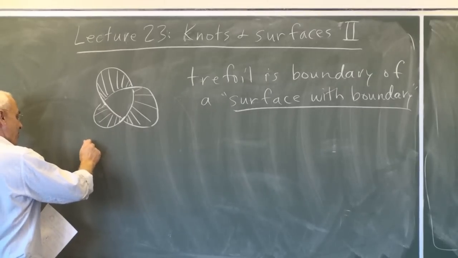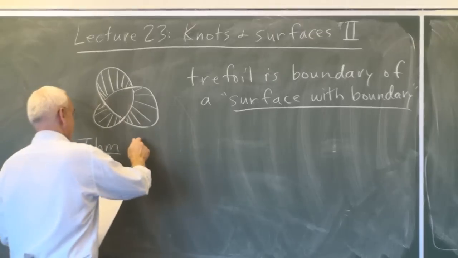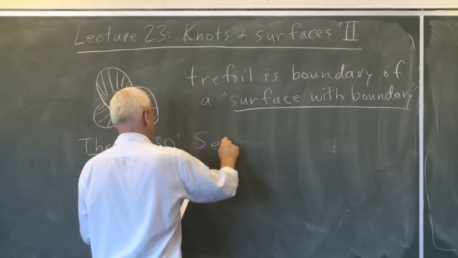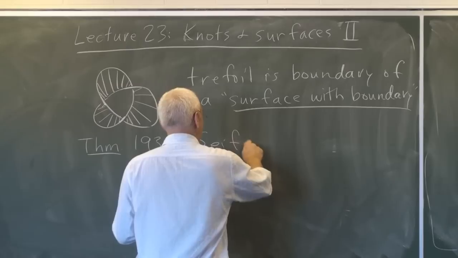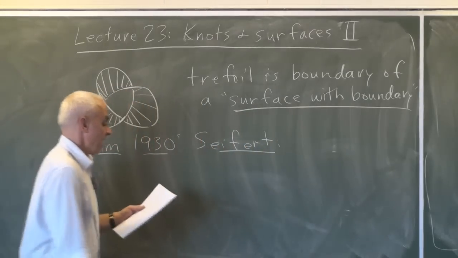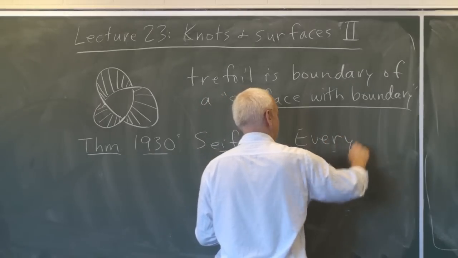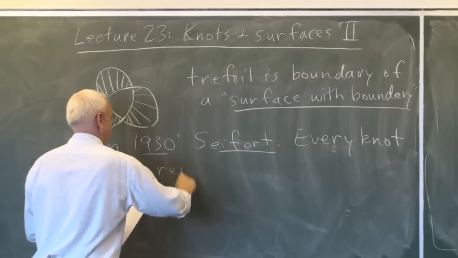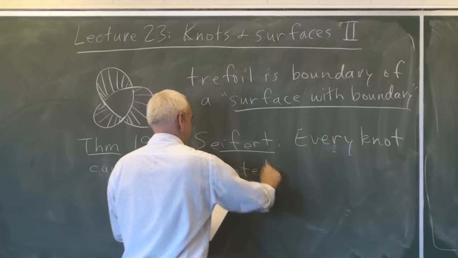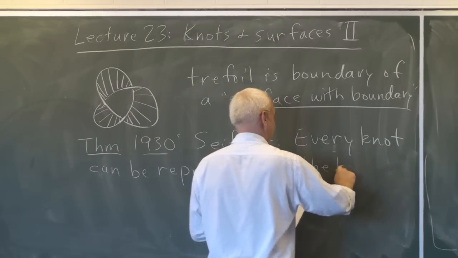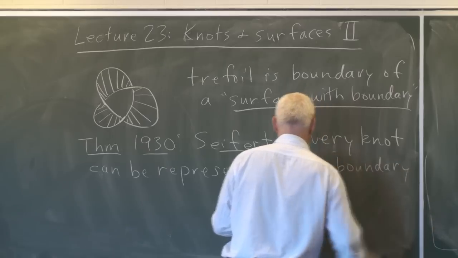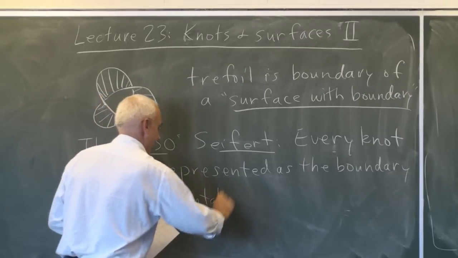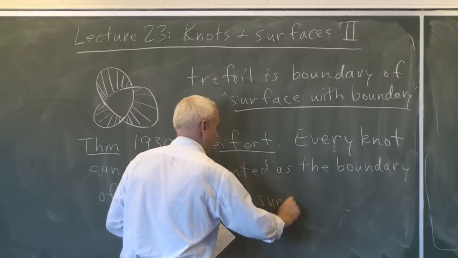And it's kind of remarkable that in the 30s, Seifert proved that every knot can be represented as the boundary of an orientable surface. An orientable surface with boundary.